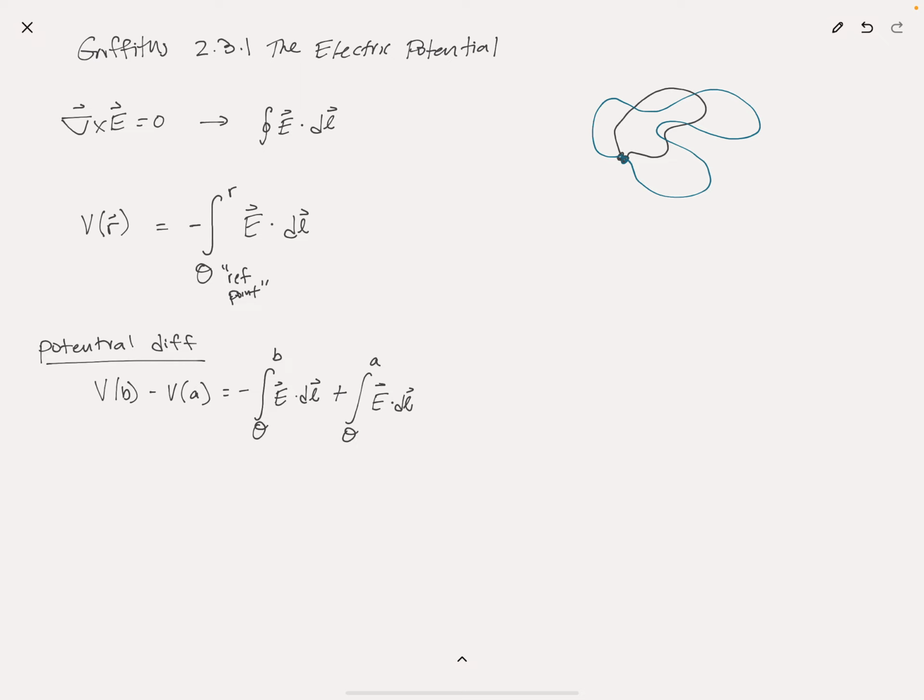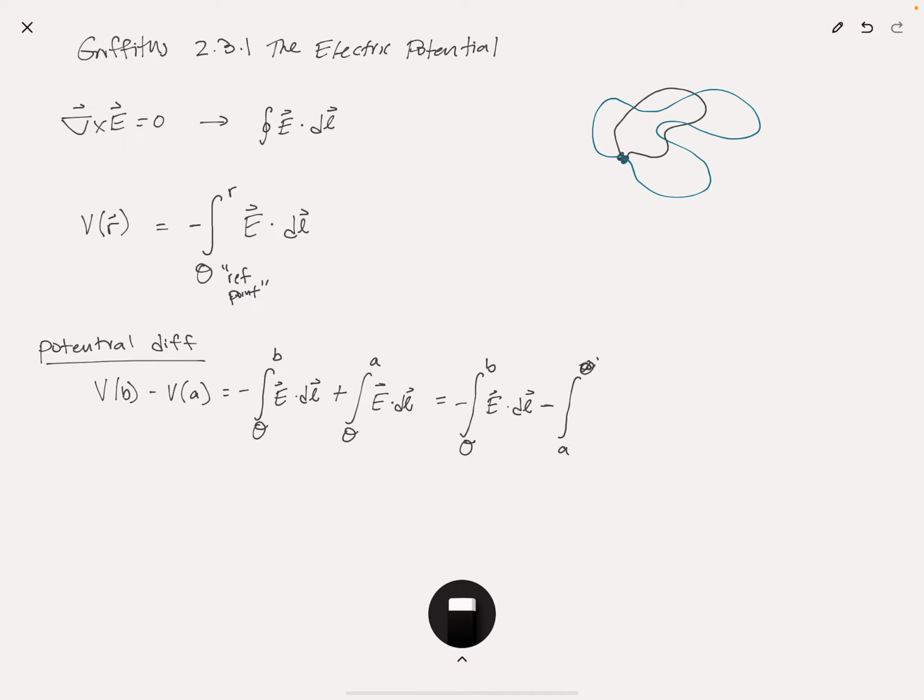But I can flip the orders of these integrands. I will keep the first one the same. I'll go from my reference to B, E dot dl, right? And then I'm going to pick up a minus sign because I'm going to switch the order of my integrand. So I was originally going from reference to A. I'm going to go from A to reference.